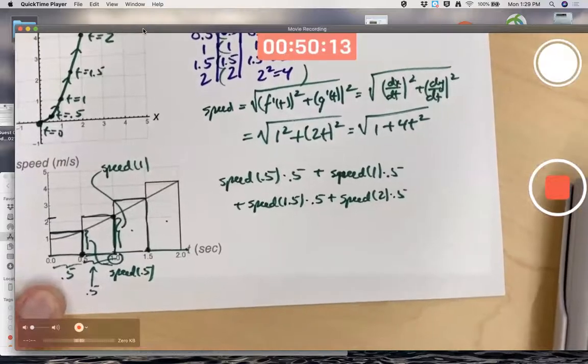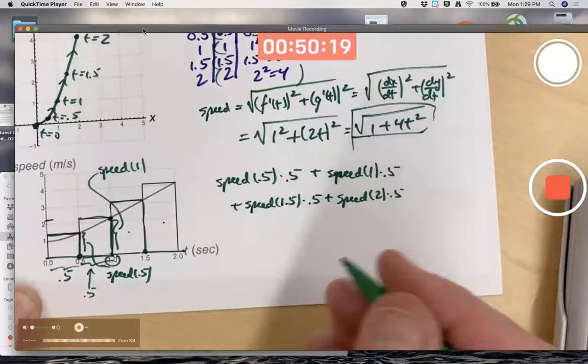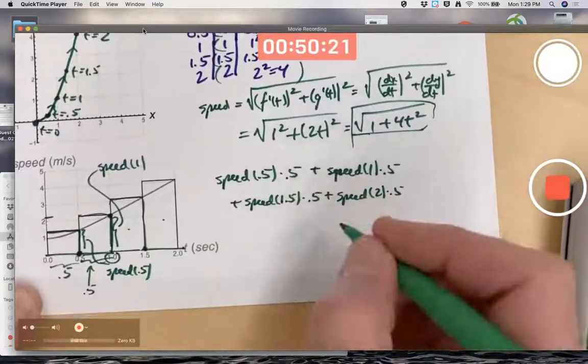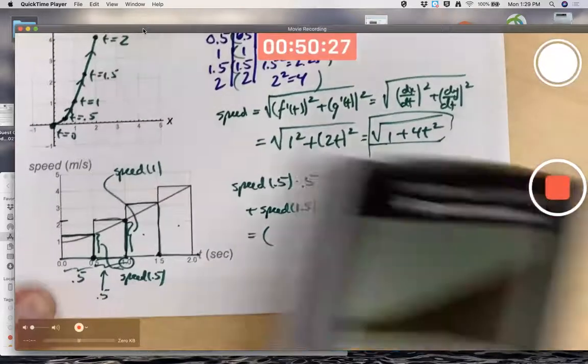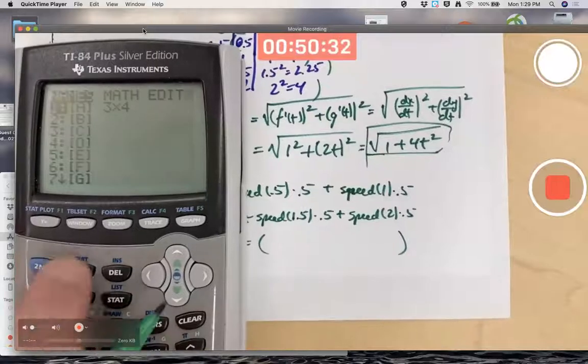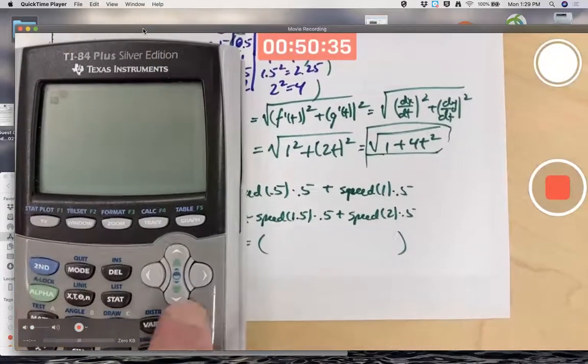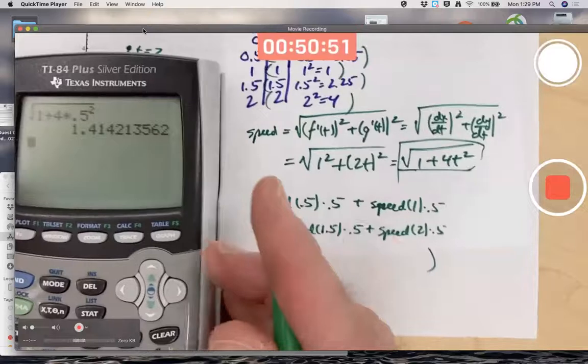So now you just got to plug these numbers into the speed function. And really, I can add up all those speed values and then multiply by 0.5. I can factor out the 0.5 here. Speed of 0.5 is square root of 1 plus 4 times 0.5 squared, about 1.414.